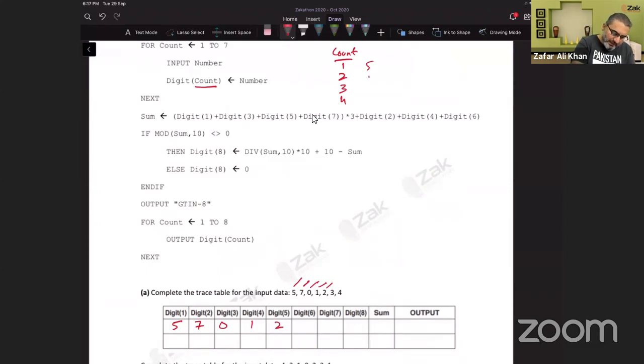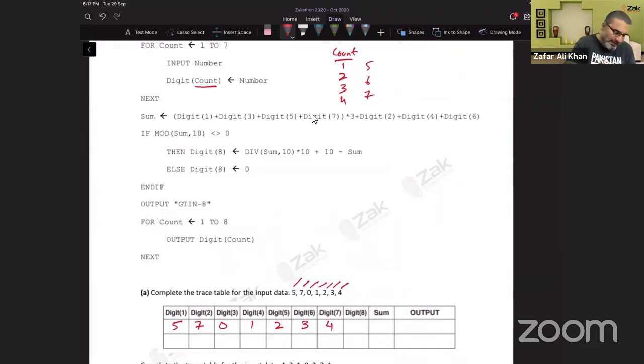Then count will be 6. Number entered is 3. It will go to digit 6. Then count will be 7. Number entered is 4. Then digit 7 will become 4. Then the loop ends. We get out.